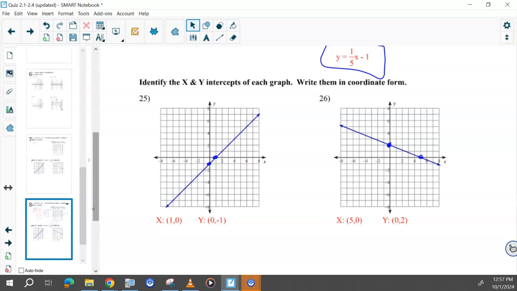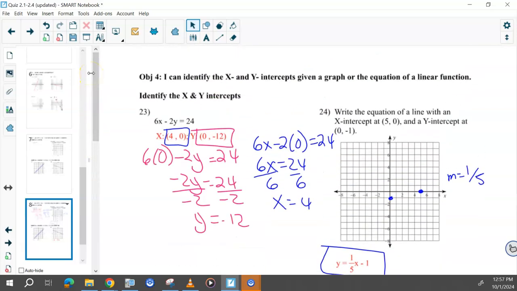After you find the equation, then you're going to find the x-intercepts of those lines. And then the very last thing is you're going to create a standard equation, so one that looks like this, with one of your x-intercepts and one of your y-intercepts. If you need me to re-explain that again, I can do that.